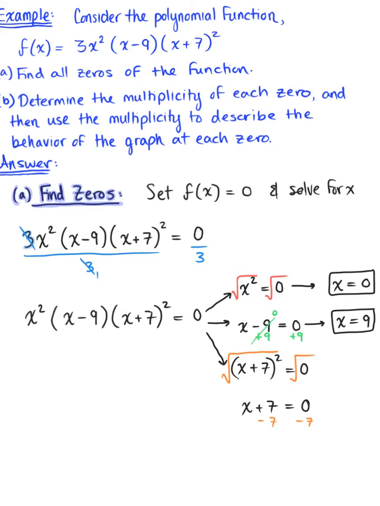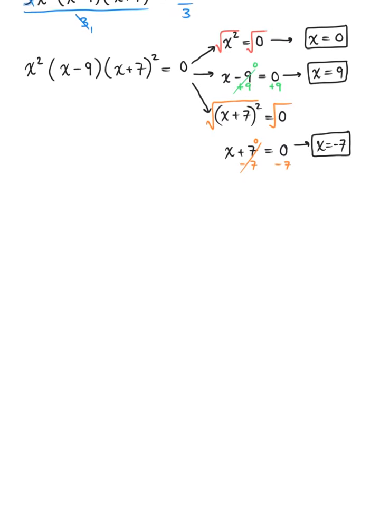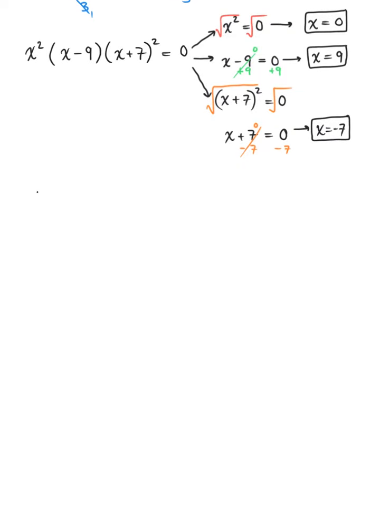We see 7 minus 7 cancels itself out to 0, leaving us with x is equal to minus 7. So here is our third 0. So, we did it. We have the zeros of this beautiful polynomial function. Our 3 zeros are therefore x is equal to 0, we have x is equal to 9, and we also have x is equal to negative 7.